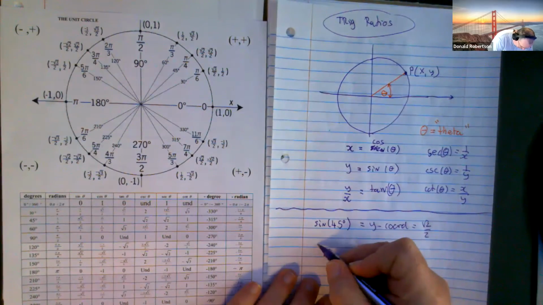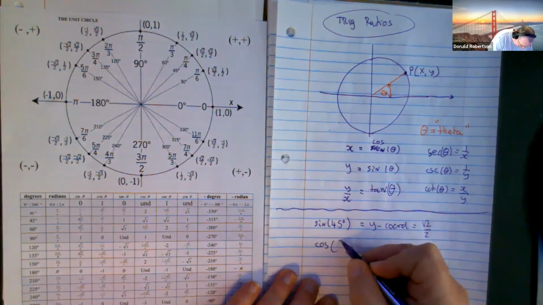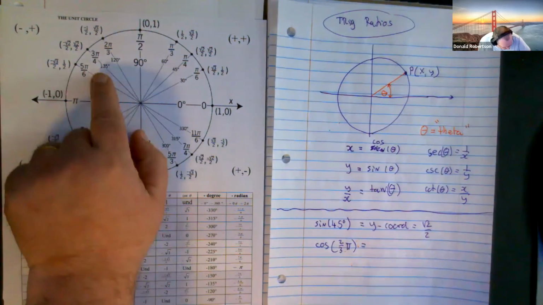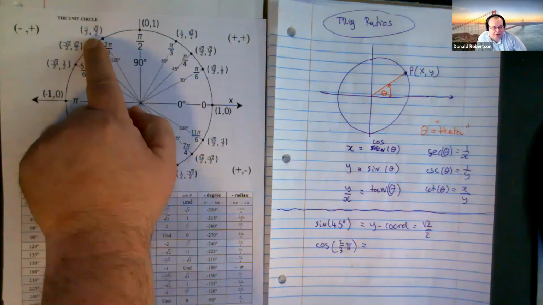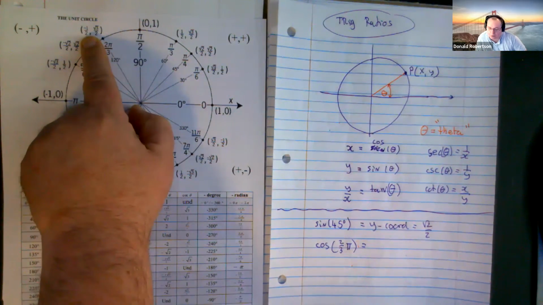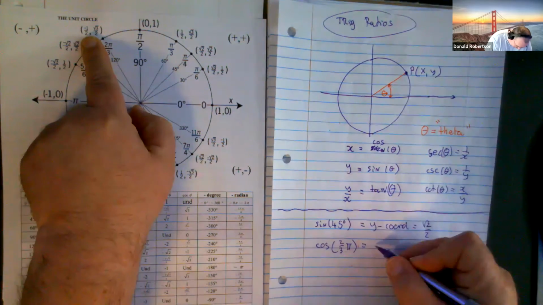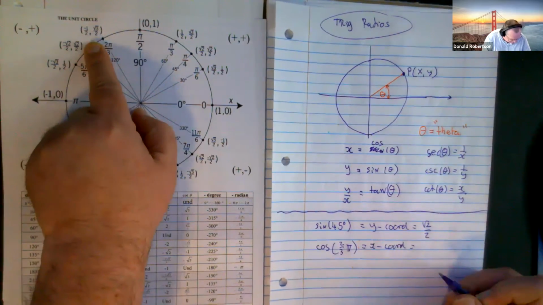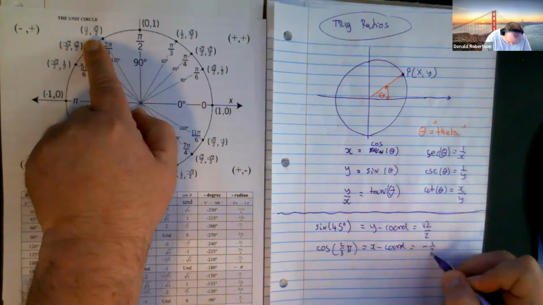Now, if I asked you for the cosine of 2/3 pi, you find 2/3 pi, and you see the x and y coordinate for 2/3 pi. Now, if you want to find a cosine, isn't it the x coordinate? In this case, it's -1/2.